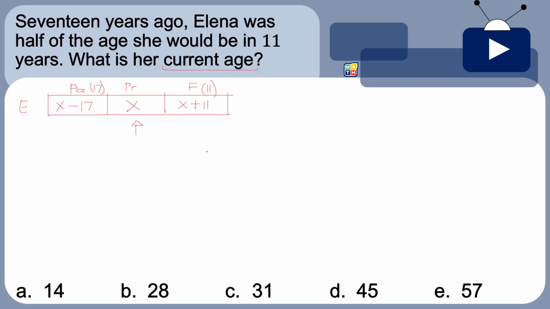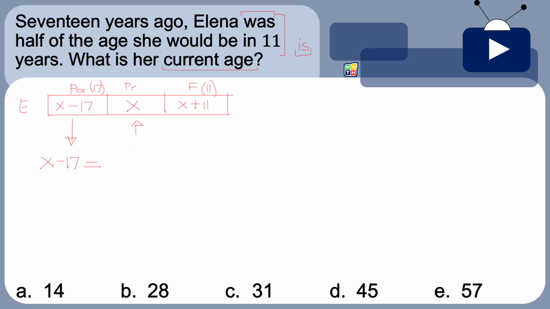The question now is the relationship. This is how we translate it. 17 years ago, Elena was. Was is a signal for equality. That's the past tense of is, and is is the keyword for equality in translating verbal phrases. So here's that hint again: 17 years ago, so you drop that, X minus 17.